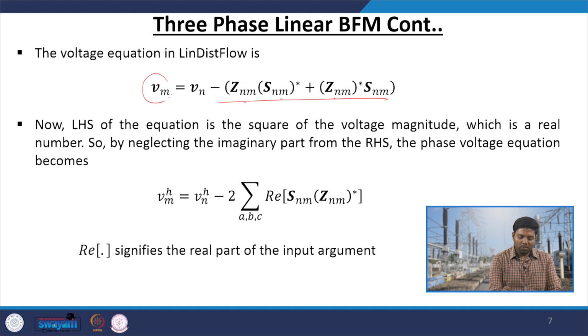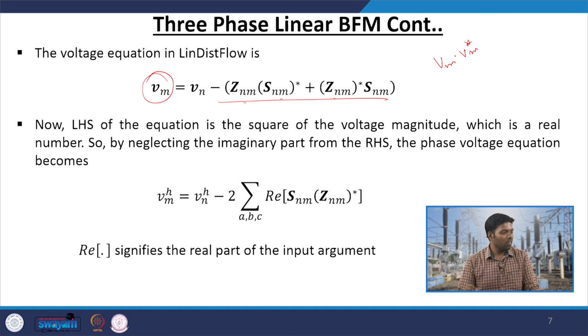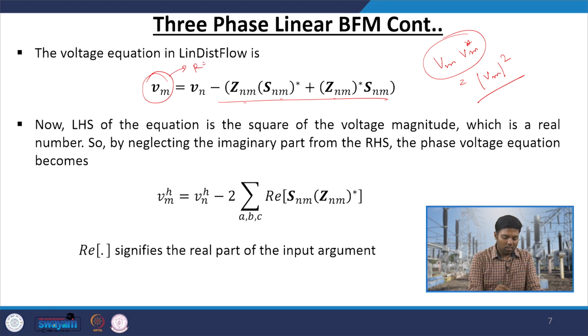Now, this term if you see at the LHS, what is that? That is actually V_m multiplied with V_m star. Okay. So, if you multiply a complex number with its complex conjugate, then what will you get? Only the square of the magnitude. That means it is a real number. It has nothing to do with the imaginary part. So, on the right hand side, if you expand it, the imaginary part of that right hand side is 0.